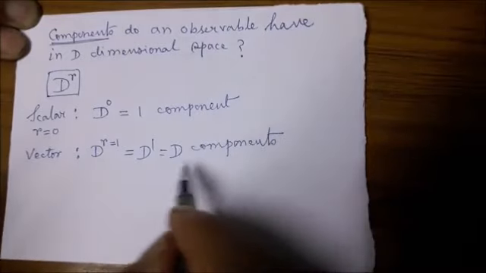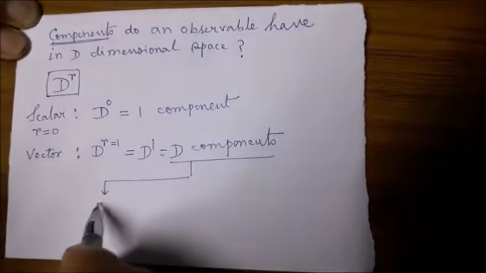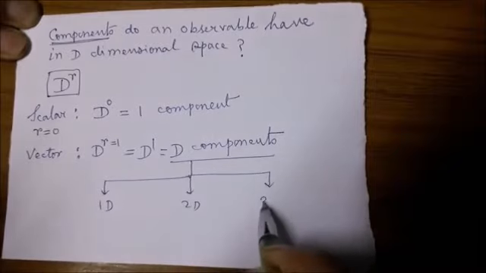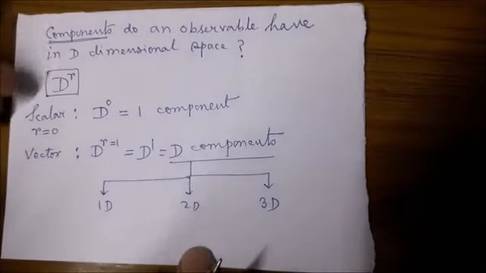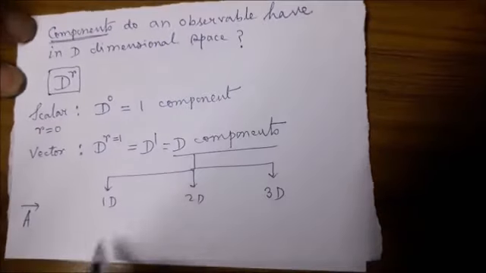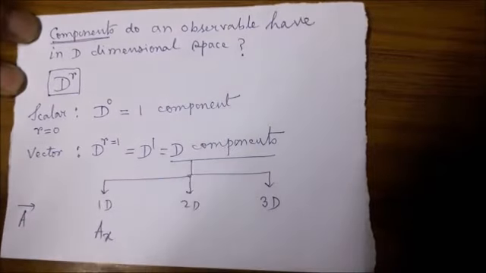And let us recheck it in 1D, in 2D, in 3D. In 1D, a vector A will have one component, and that is Ax.